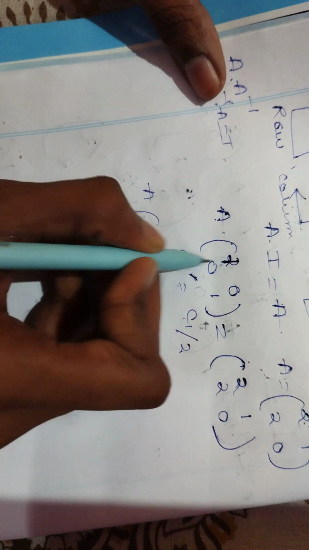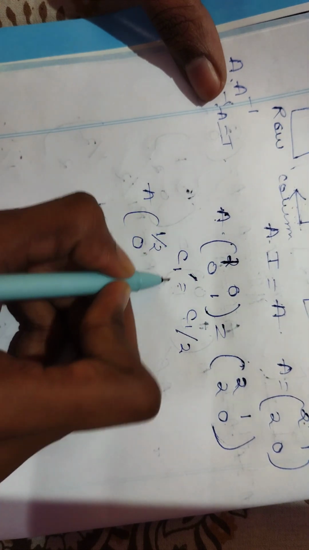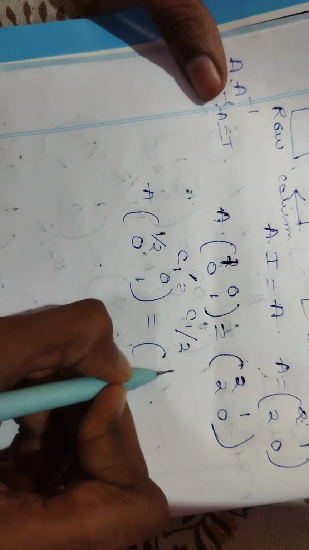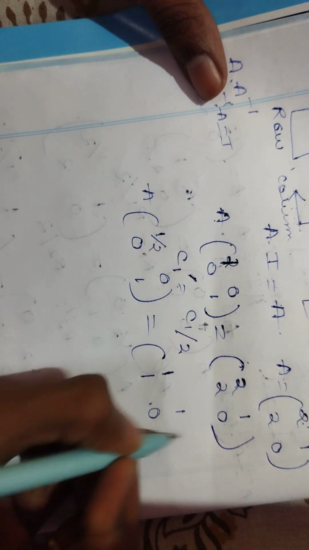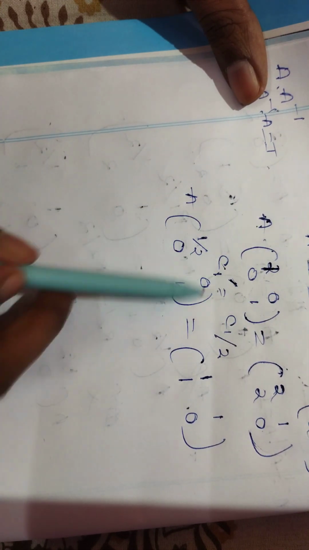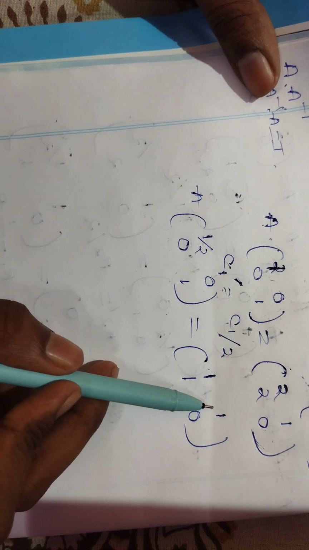So C1 dash equals C1 divided by 2. A into C1: 1 by 2, that is half, and 0 by 2, that is 0, 0 1. Column 2 stays as it is: 2 by 2, that is 1, and 1 0 as it is, because we are dealing with column 1. Then this element should be made 0.